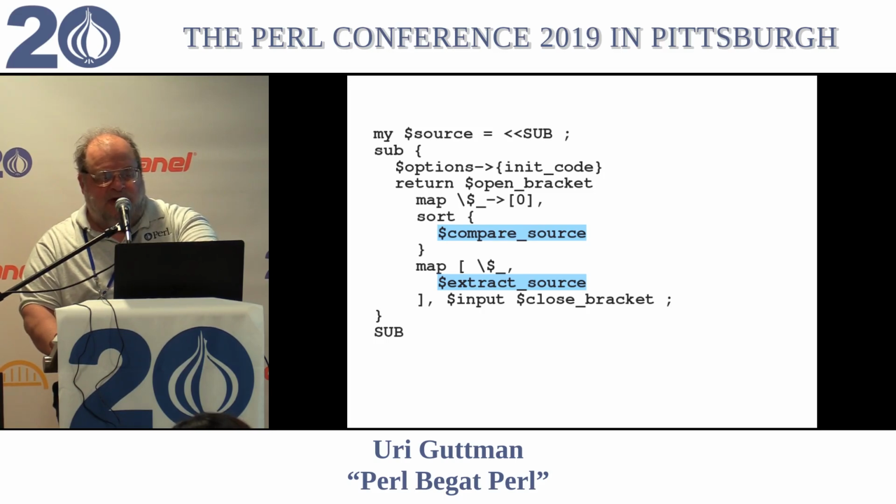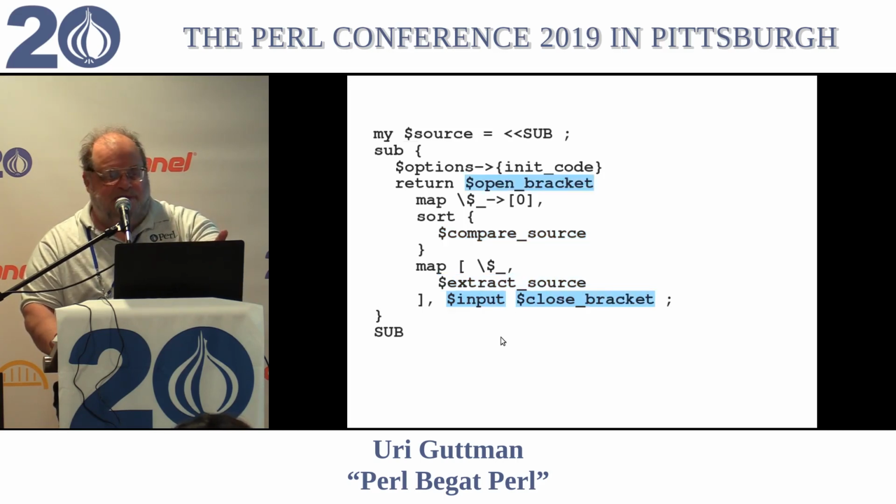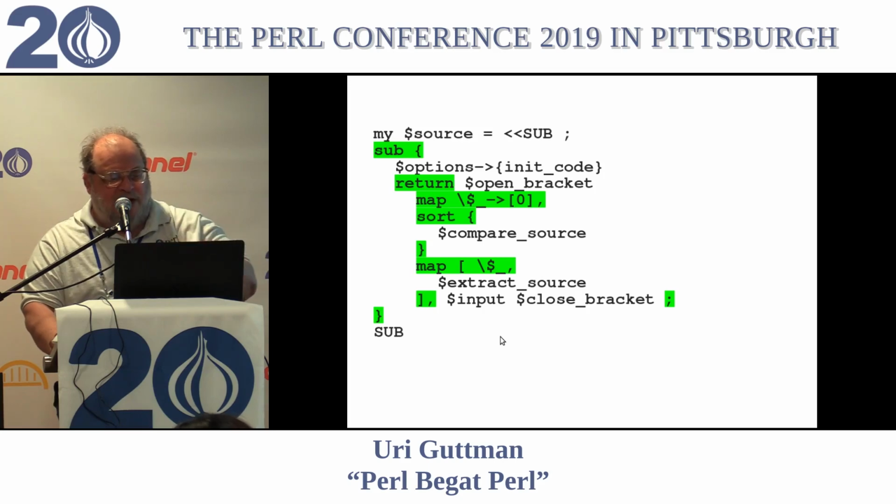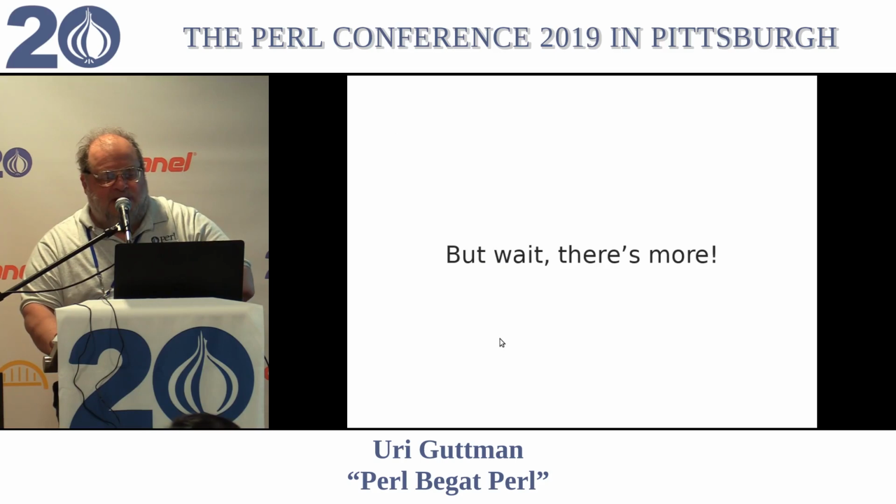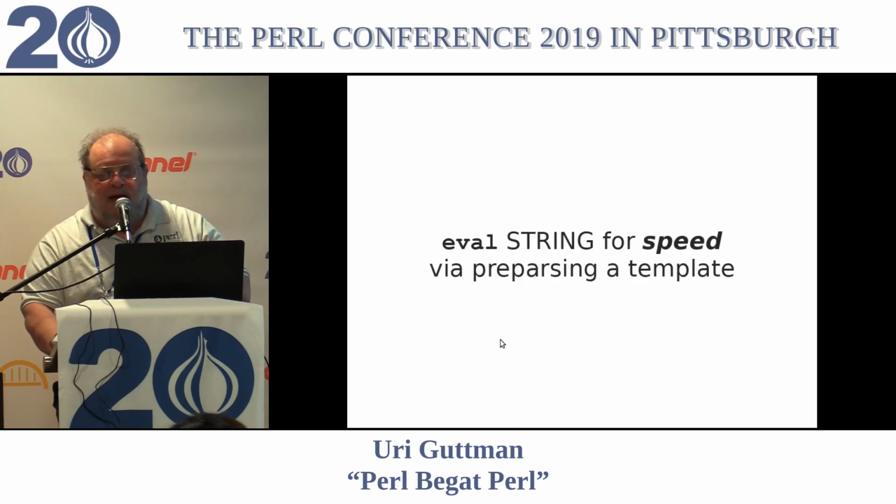We sort with the compare source we built, and the map of the input is, again, the first location is the original data, the extract course, and then return open bracket, that's if we want to return a reference, and return close bracket there, and the input is going to be add underscore, or it's going to be dereferenced at the first location of add underscore. That's generated code. And there's a code that's being generated. The rest are all variables that are being interpolated into the code. But there's more.